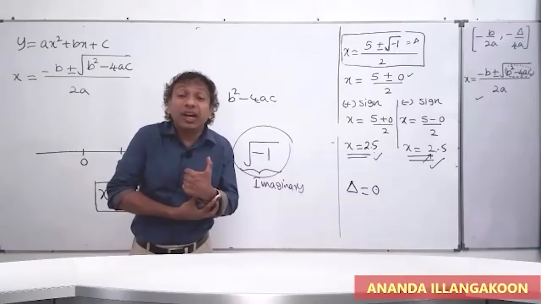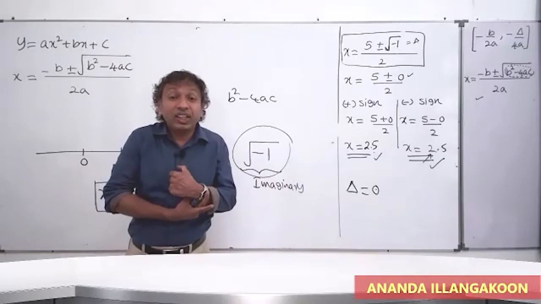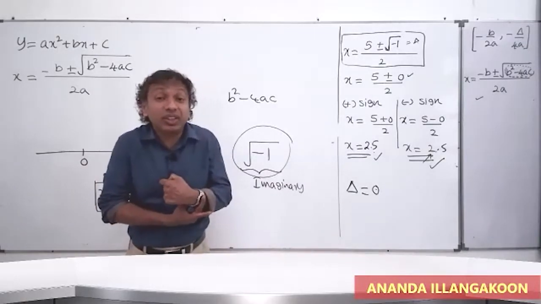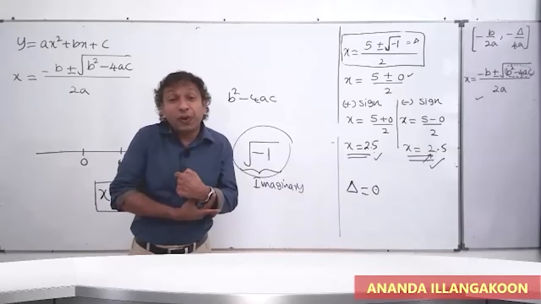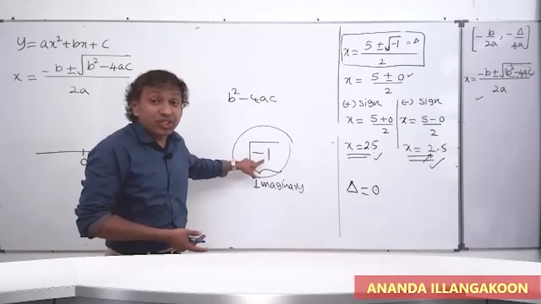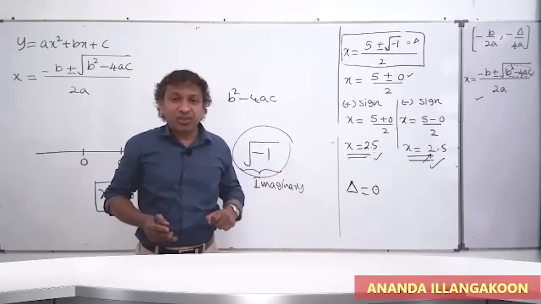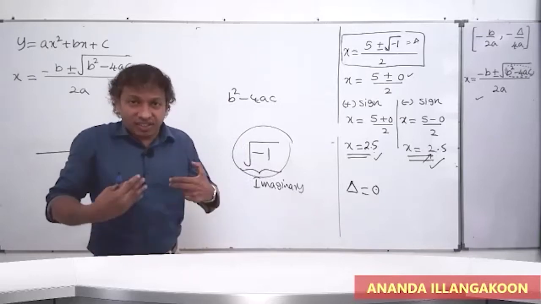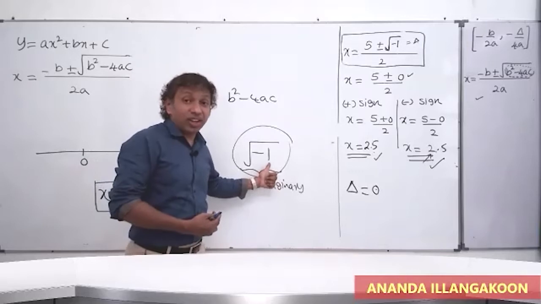We don't know anything about them so far, people. One day, if you learn about imaginary numbers and complex numbers, you will be more open than this. Then you can give answers for this kind of numbers also in the future, right? Soon after learning these complex numbers, of course, you can give an answer for this.